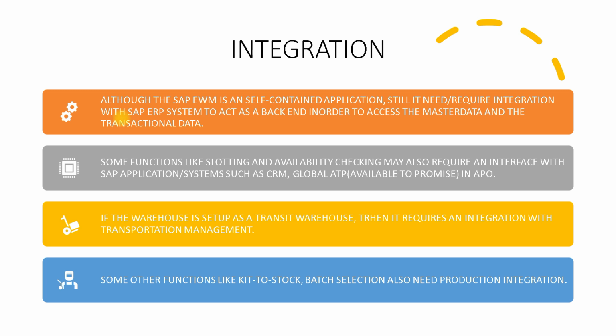So if you have functions like slotting or availability checking, then you need to have an integration between these modules. Okay, so let's say the warehouse which you are setting up for EWM is a transit warehouse, then you need to do an integration with transportation management also. So SAP EWM also supports the TM module. TM is the transportation management module. Maybe we will see some part of TM in the EWM classes also.